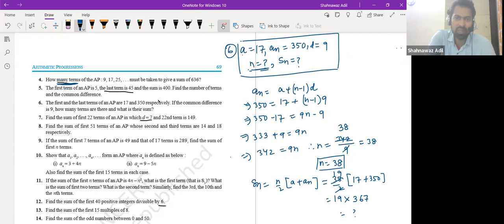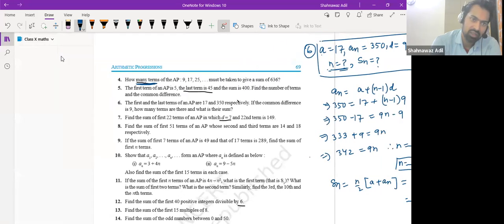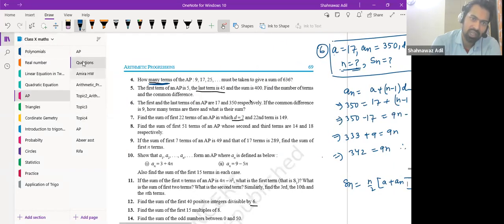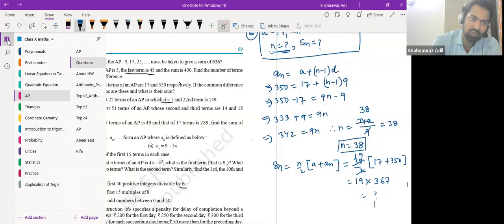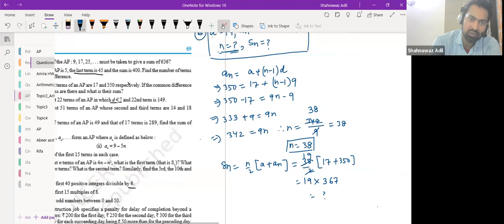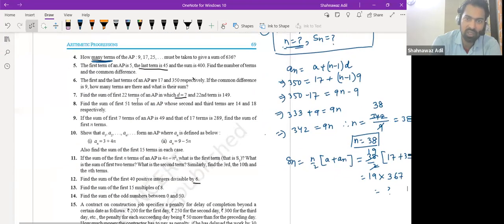The concept part is there in this PDF, but the solution of the questions I have to erase because I have to do the other problems, right? That is why you are noting it down.